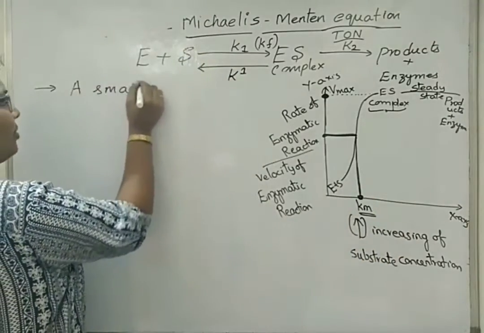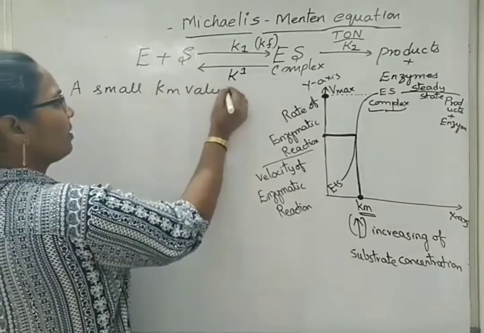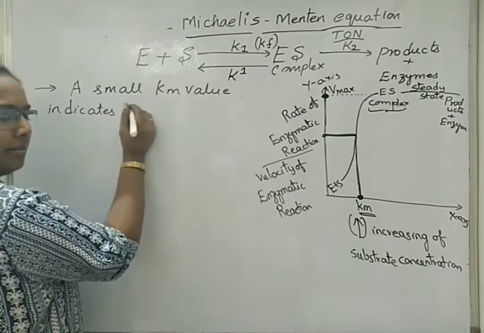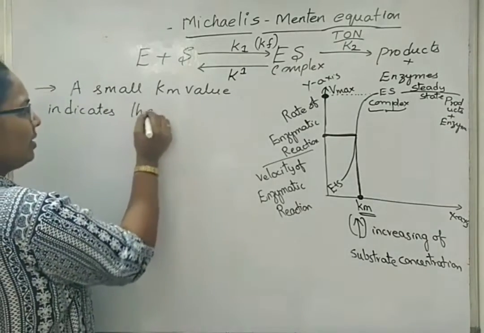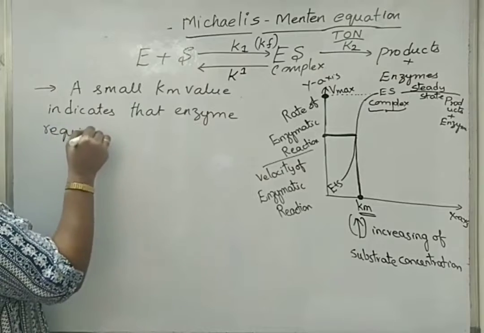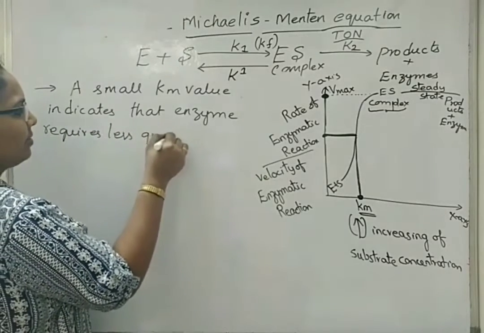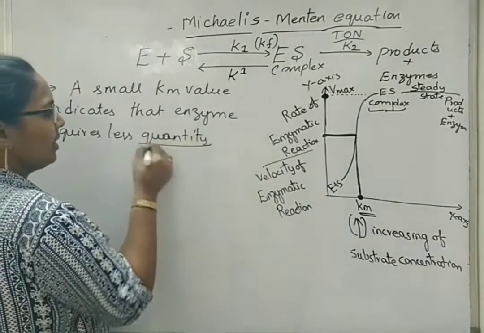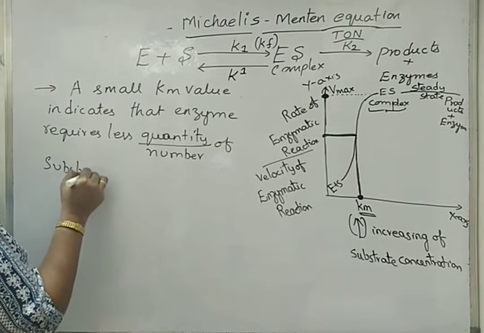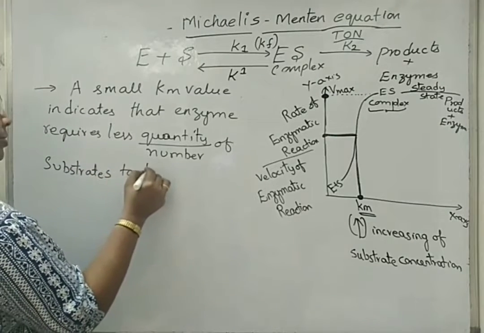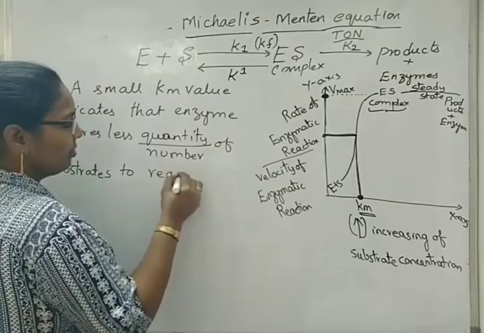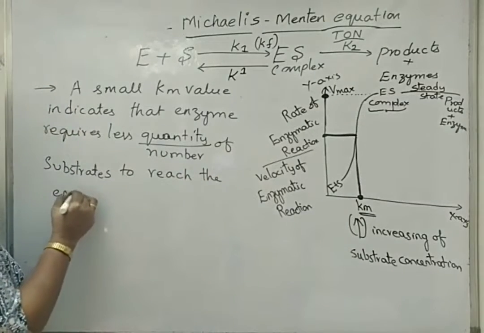A small Km value indicates that the enzyme requires less quantity of substrates to reach enzyme saturation.